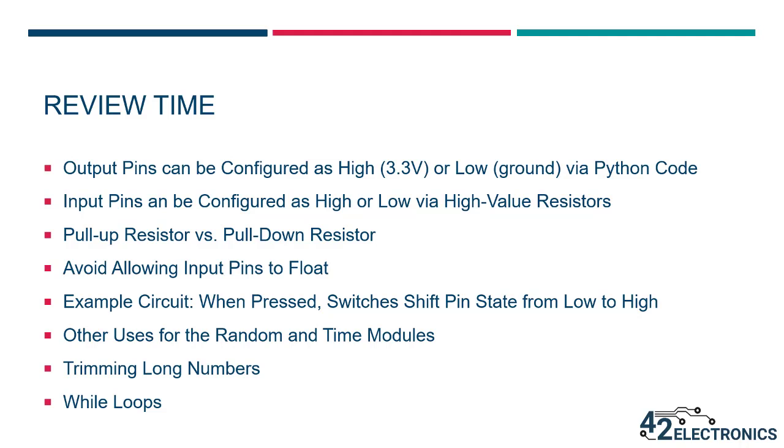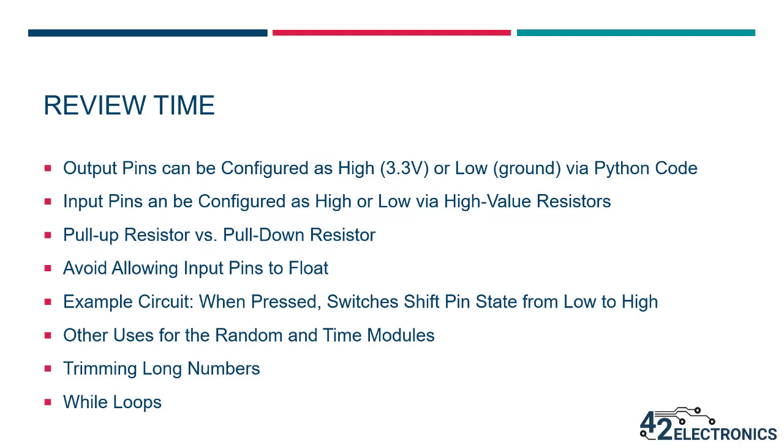A pull-up resistor sets the input pin's default state to high. A pull-down resistor sets the input pin's default state to low. And remember, we should set a high or low default state and not allow input pins to float in an unpredictable state. And then we looked at the example circuit where pressing a button would shift the pin from its default low state to a high state so the button push would be registered by your program.